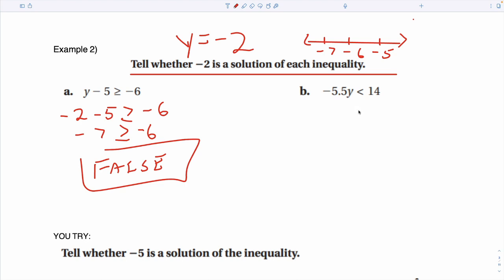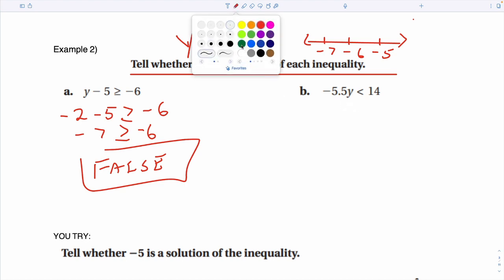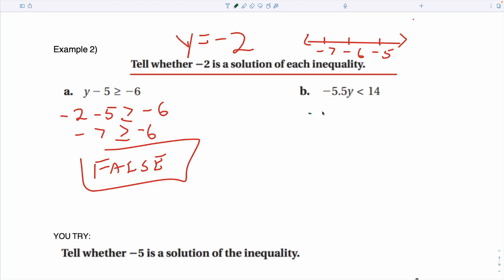Try negative 2 in place of y here. Negative 5.5 next to y means to multiply it. Multiply negative 5.5 by negative 2. Jot it down on scratch paper. What is negative 5.5 times negative 2? The y is next to the 5.5.